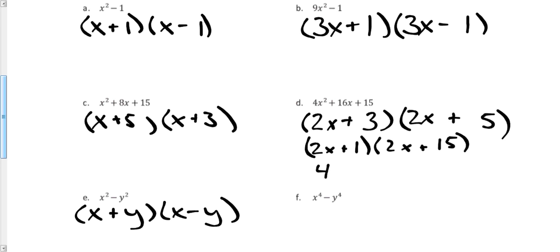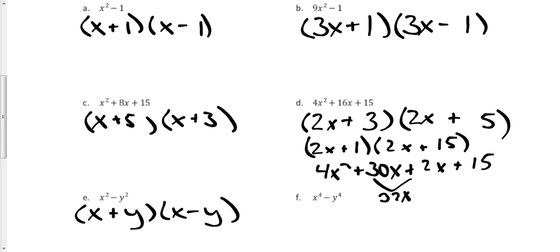I get 4x squared. That's 2x times 2x, right? What's 2x times 15, the outer? That's 30x, right? And then plus 1 times 2x, so plus 2x. This becomes 32x. Is that what I started out with? No, not the same.